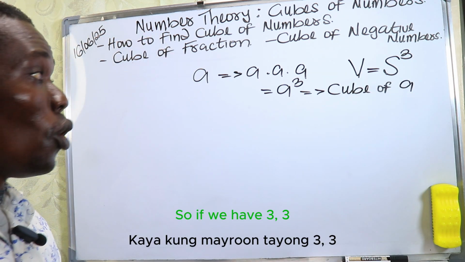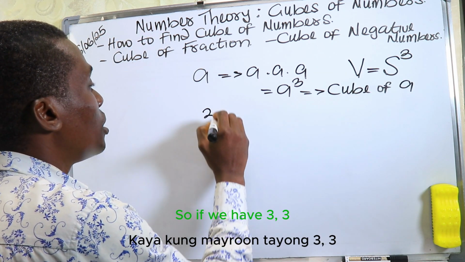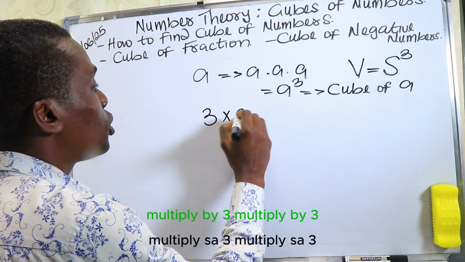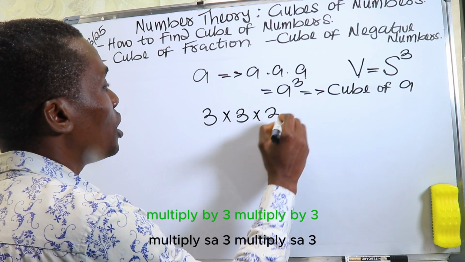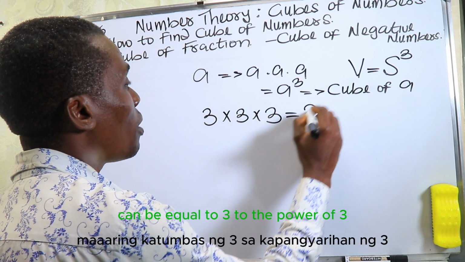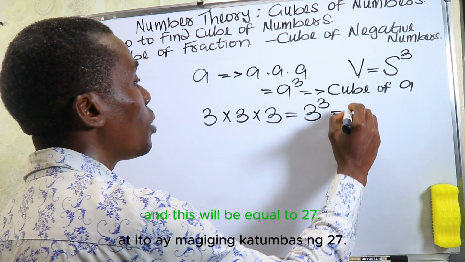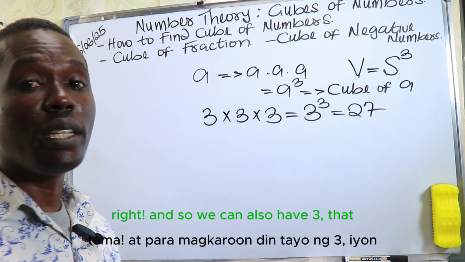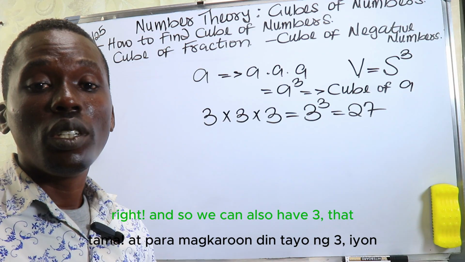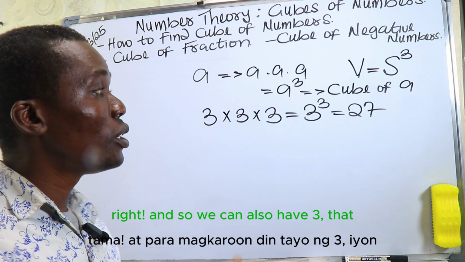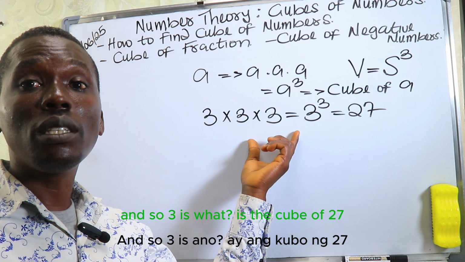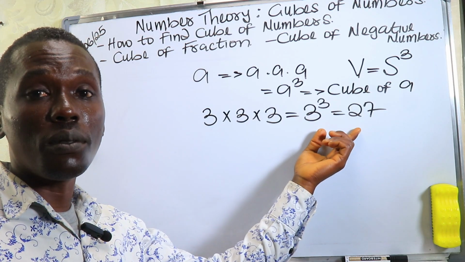Great. So if we have 3 multiplied by 3 multiplied by 3, that is equal to 3 to the power of 3, and this will be equal to 27. So 27 is the cube of 3.